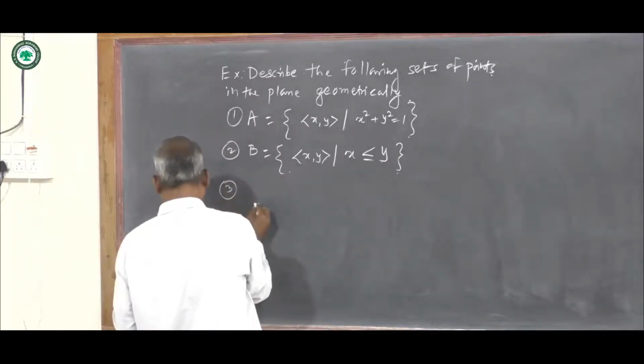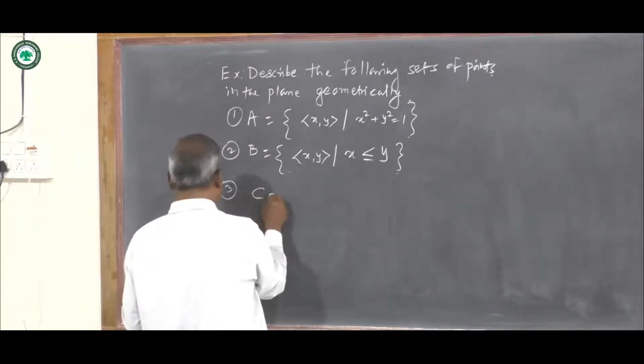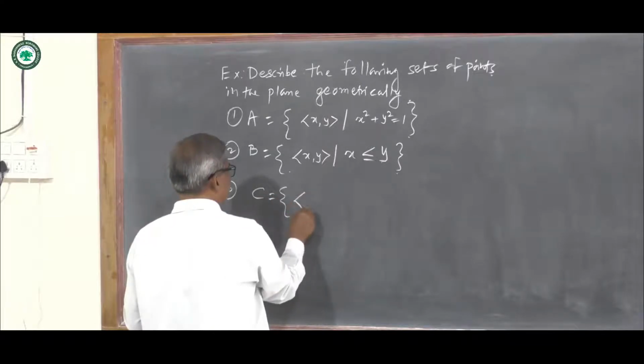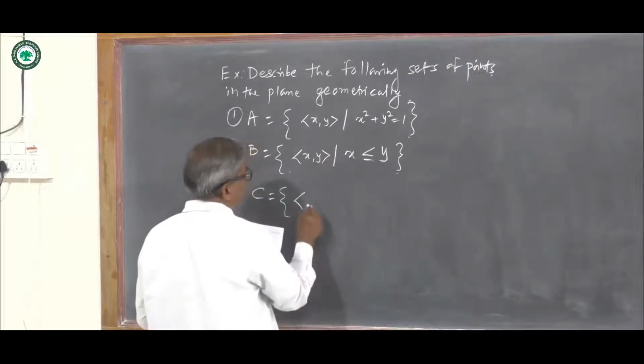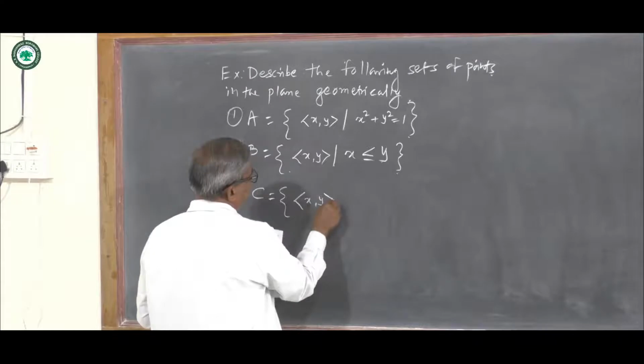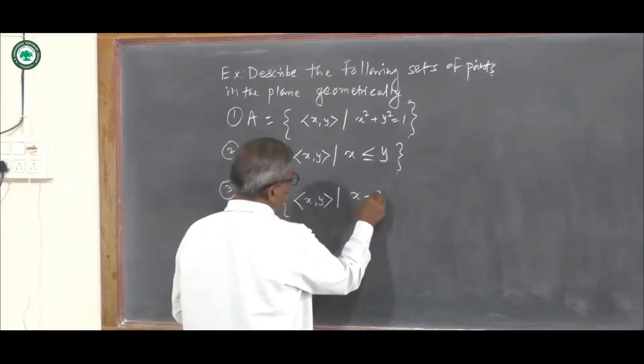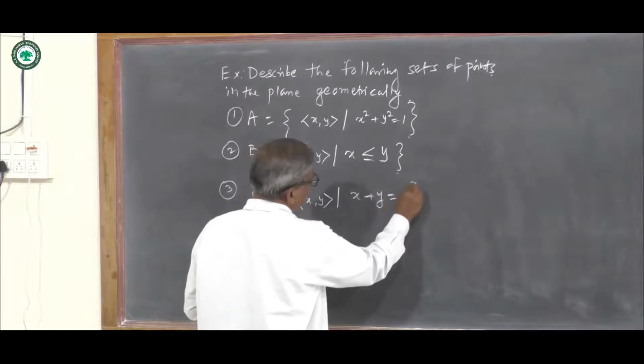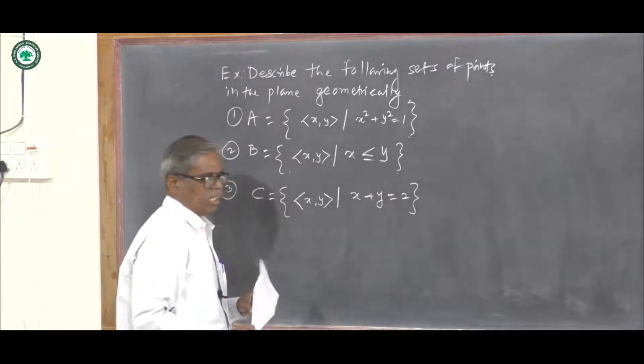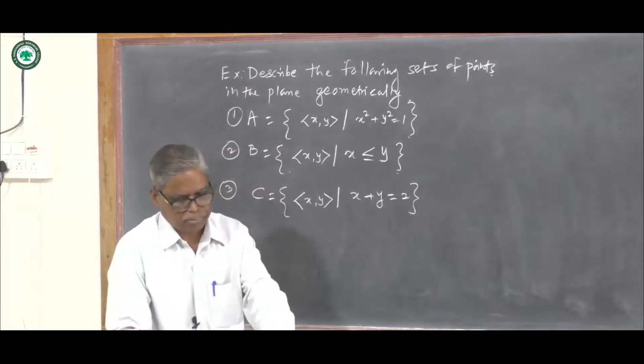Third one, capital C is the set of ordered pairs (x, y) such that x plus y is equal to 2.